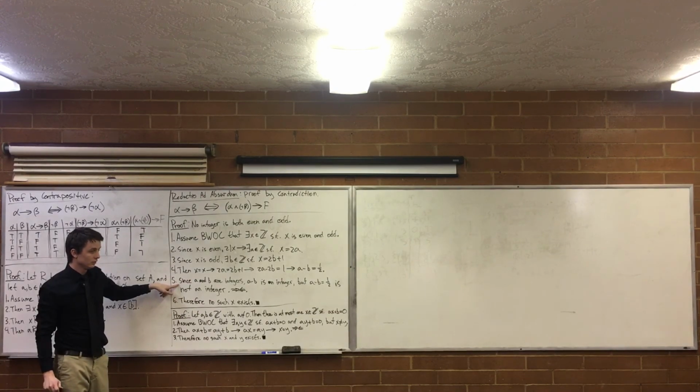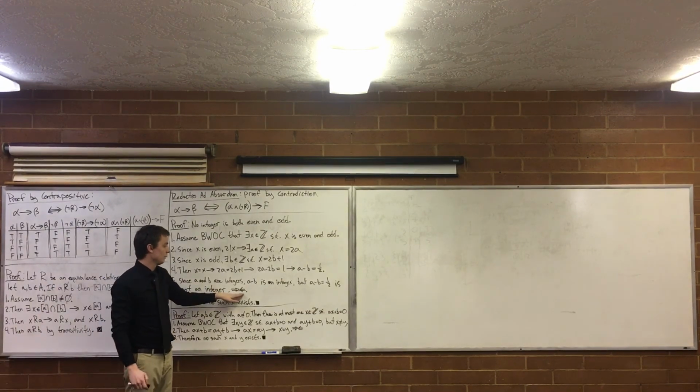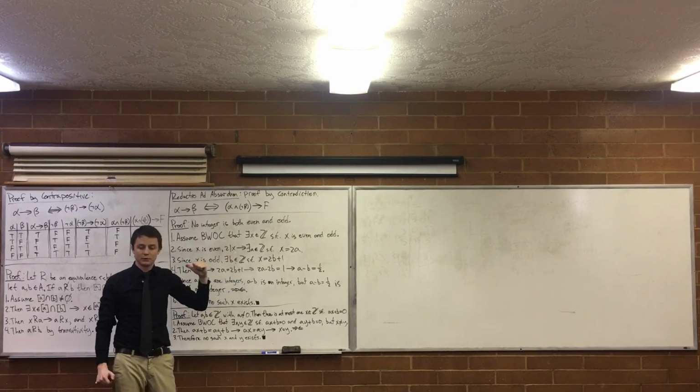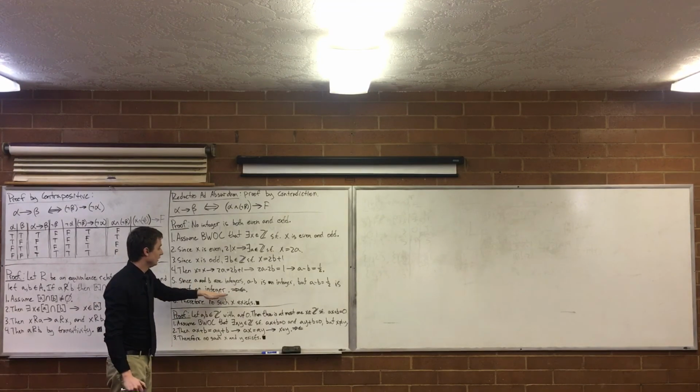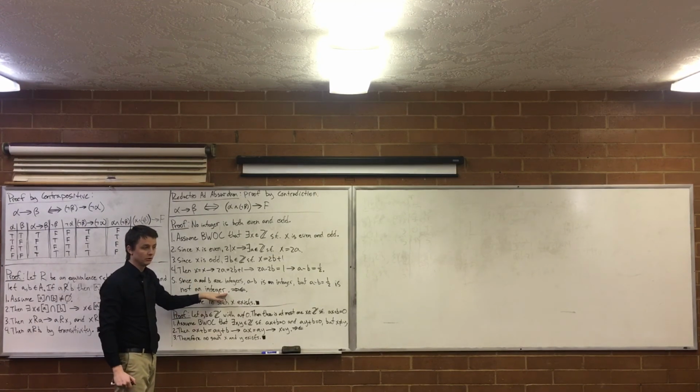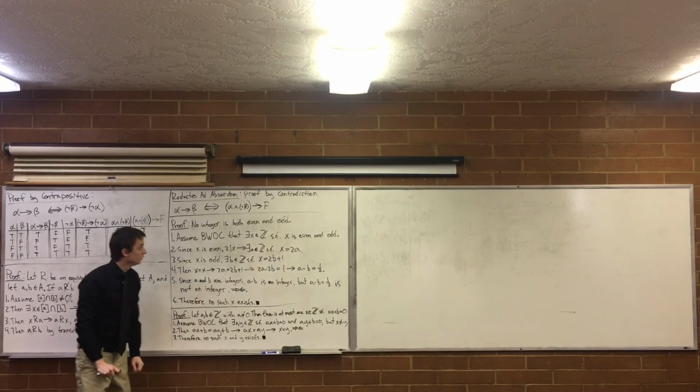When you demonstrate that you've come to a contradiction, you're saying, here's my impossible statement.